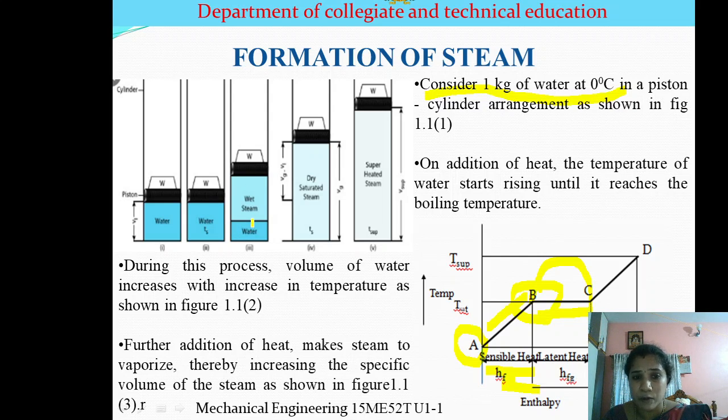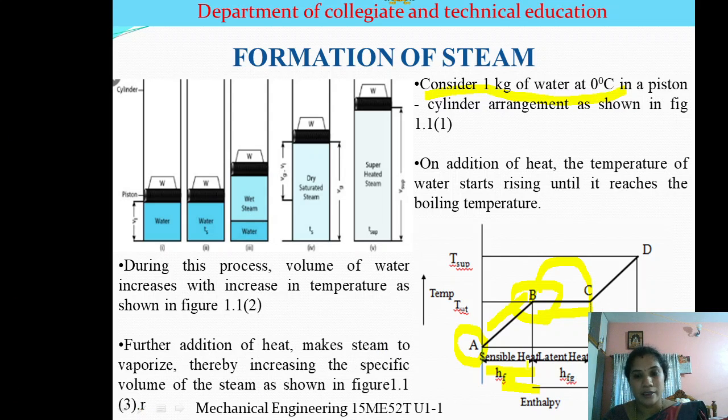The steam which has been formed will start evaporating. During this process, there will be an increase in volume, but the temperature remains constant. Hence we say it is not a perfect gas, and it does not obey the gas laws or Charles law.